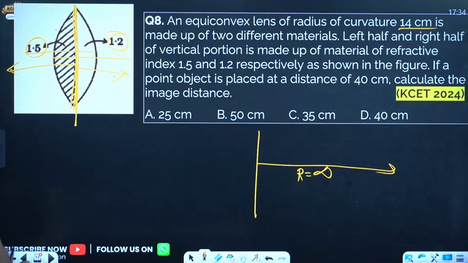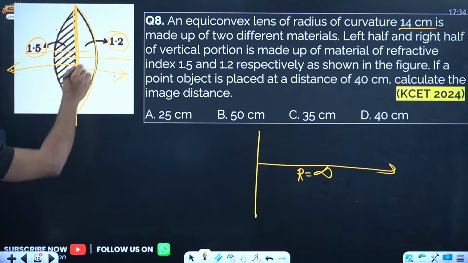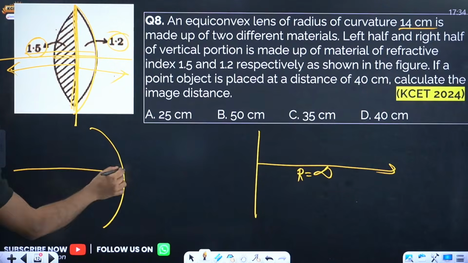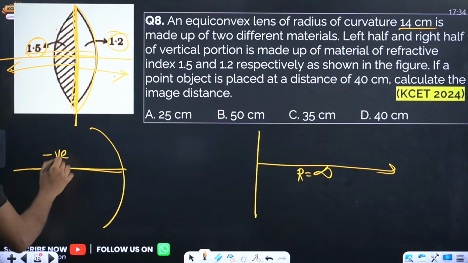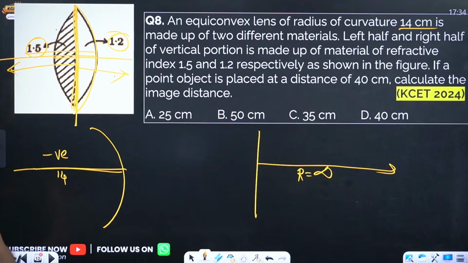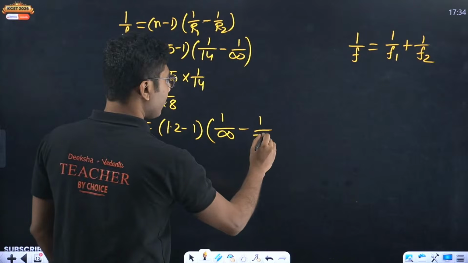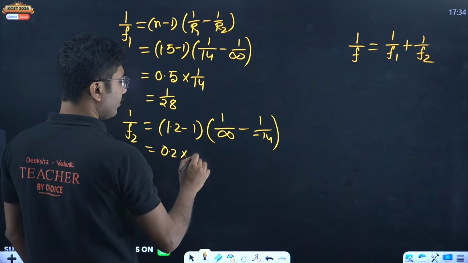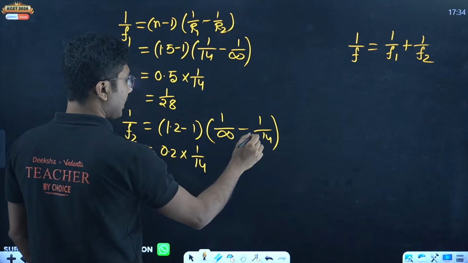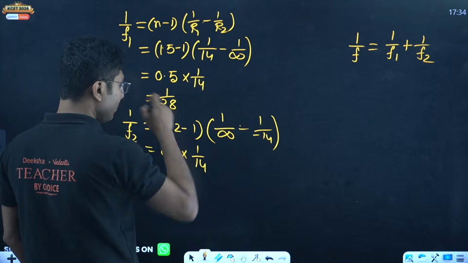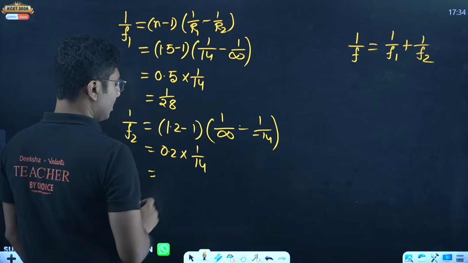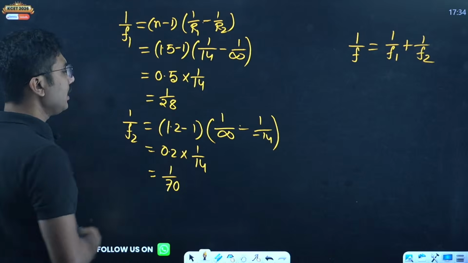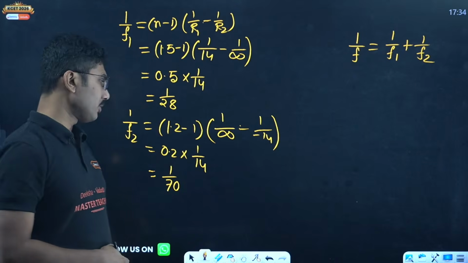The second surface is curved inward, right? So it will be minus. On this side we said everything is minus, and the value is the same, that is 14. So it will be minus 14. So it will be 0.2 into 1 by 14. Minus minus plus, 1 by infinity is 0. So it will be 1 upon 70. Okay, 0.2 by 14 is 1 upon 70.